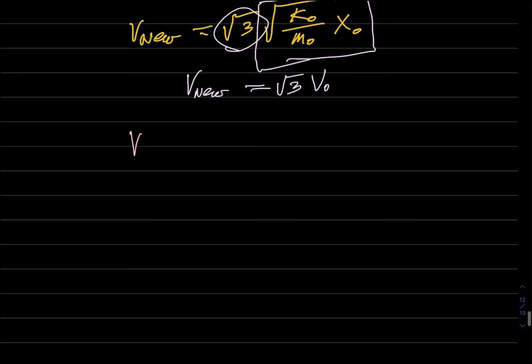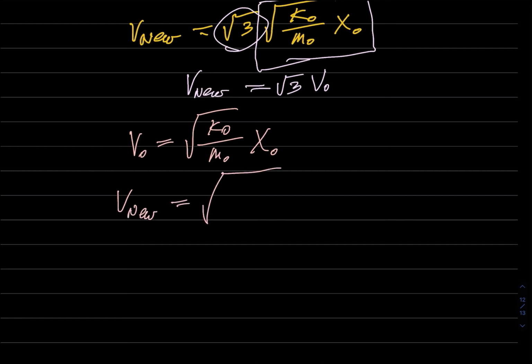We have the original situation, v sub naught equals the square root of k sub naught over m sub naught times x sub naught, and our new velocity equals the square root of k new divided by m new times new displacement.